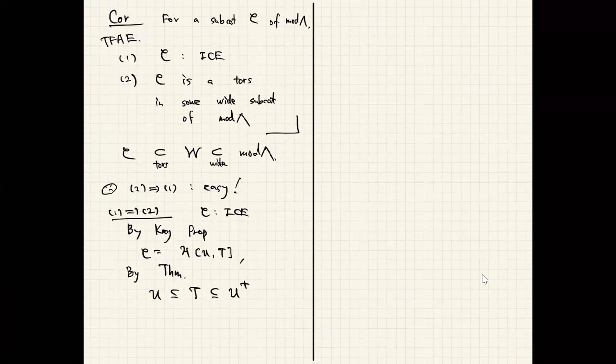And we have to use another result by other people. So we have this in the poset of torsion classes.